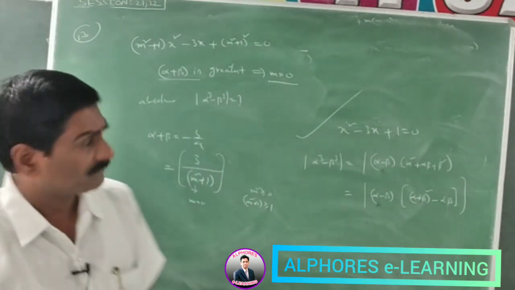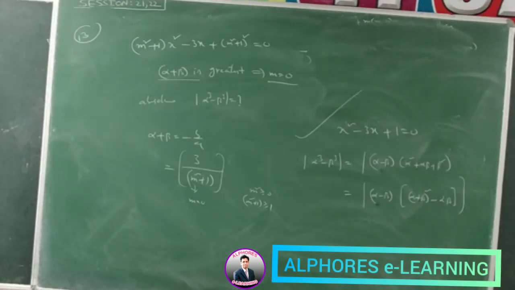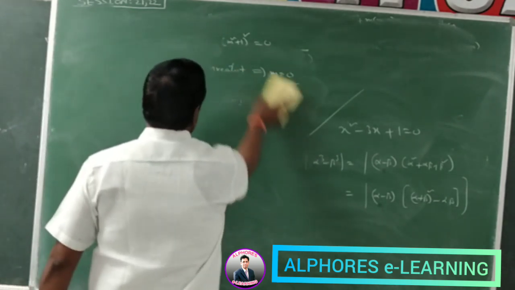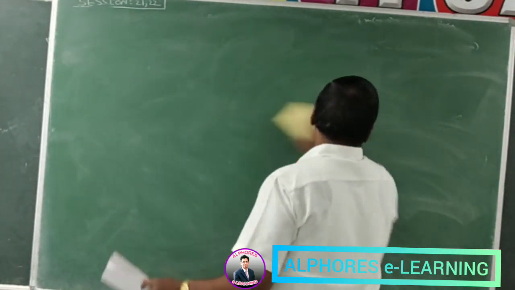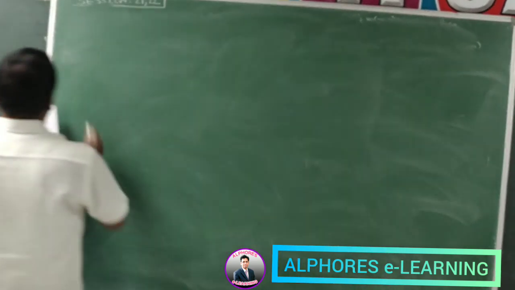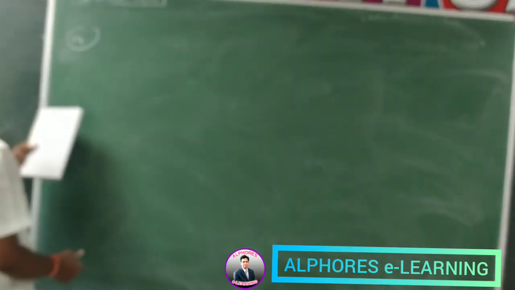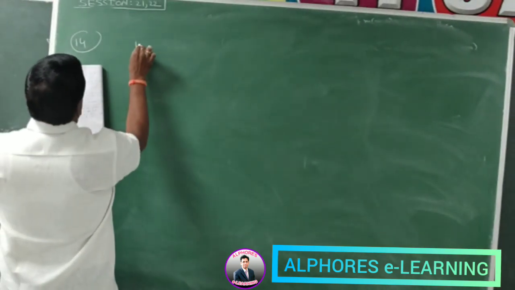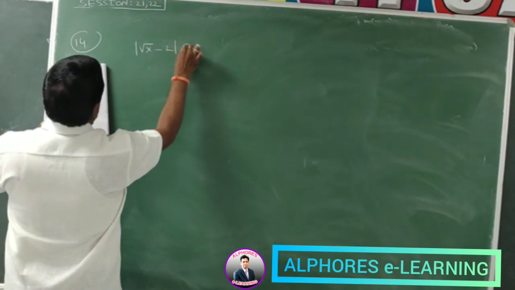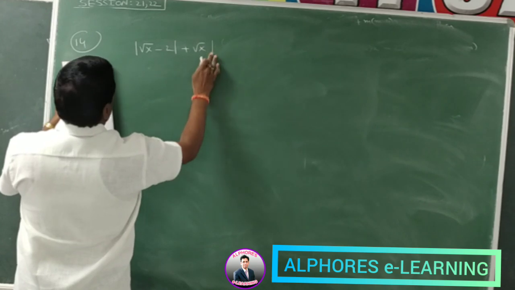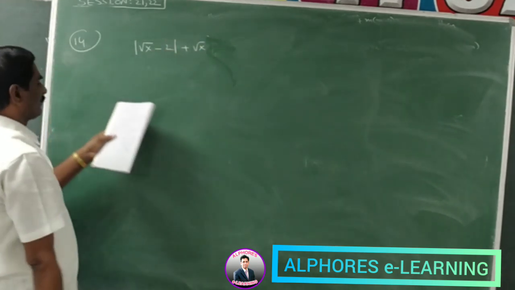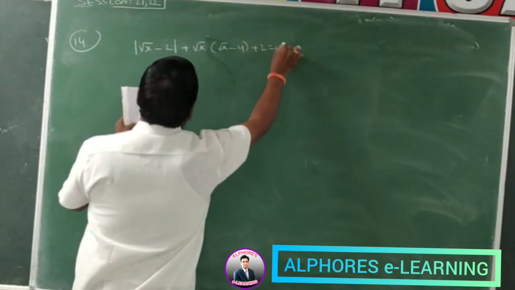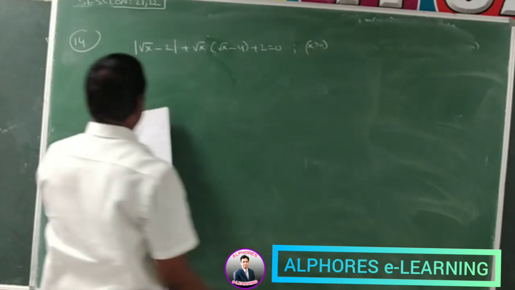Okay, next, 14th one. The sum of the solutions of the equation root x minus 2 plus root x into root x minus 4 plus 2 is equal to 0, x greater than 0, is equal to dash.